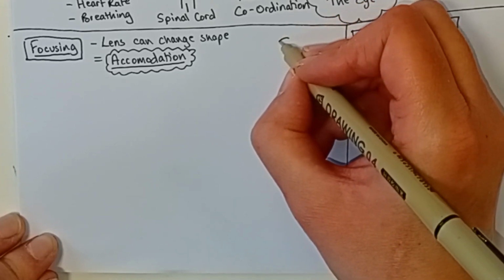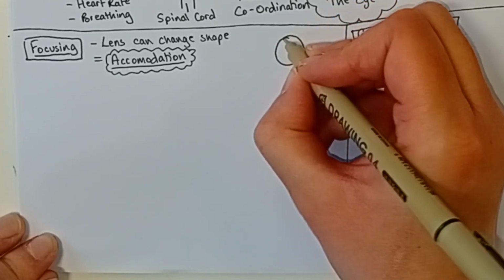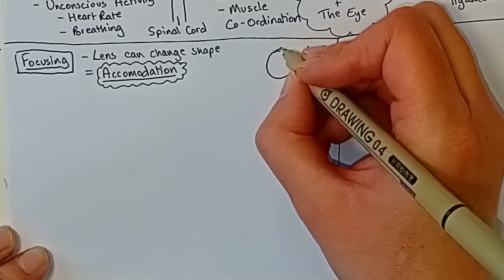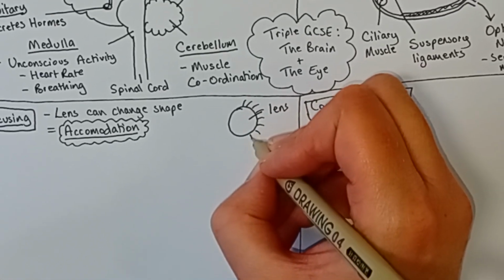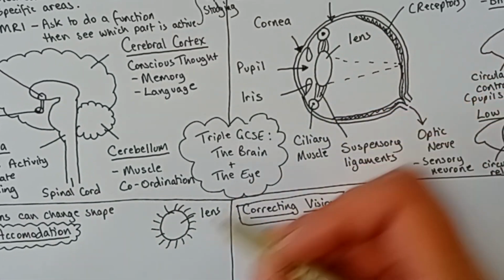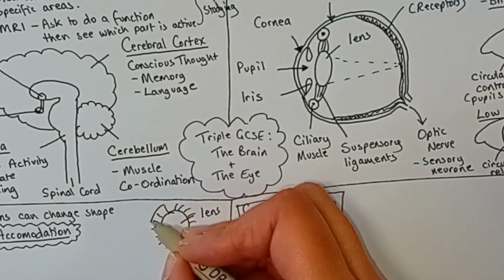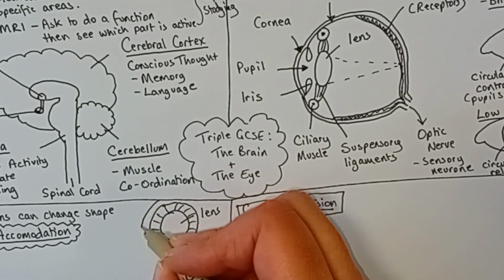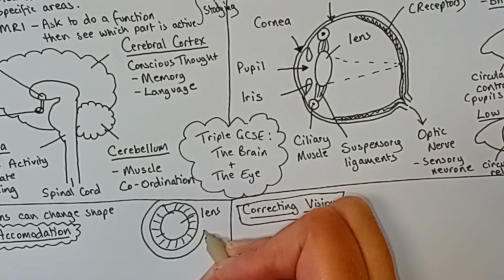The lens sits in the middle. And then coming off all the way around the lens are fine strands. So the suspensory ligaments come off all the way around the edge. And the ciliary muscle is a donut-shaped muscle all the way around the edge of that.